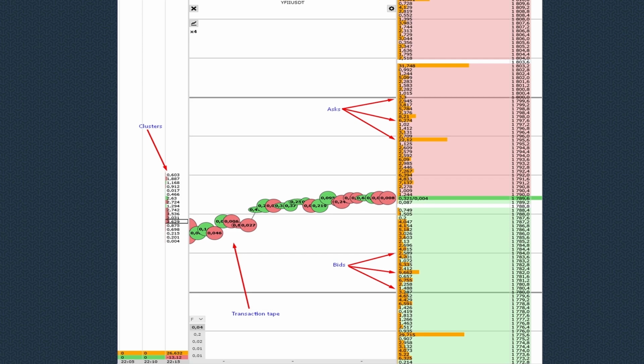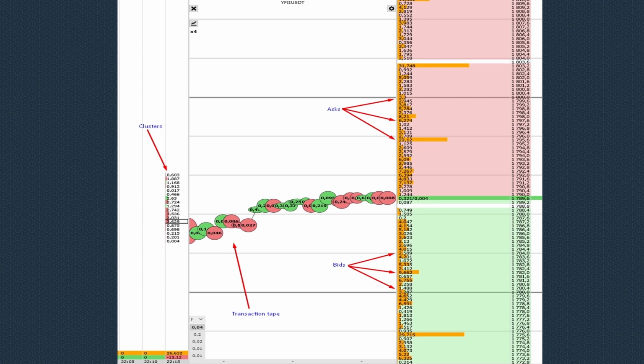Then we look at the transaction tape and understand who is in the majority now. For example, if the buyers are in the majority, we probably have to understand in the limit part that we can open a position according to this factor and this factor.